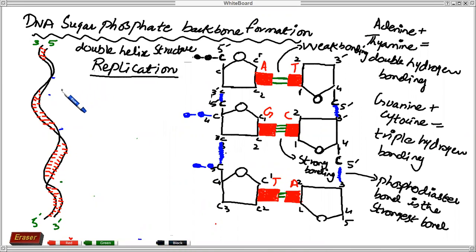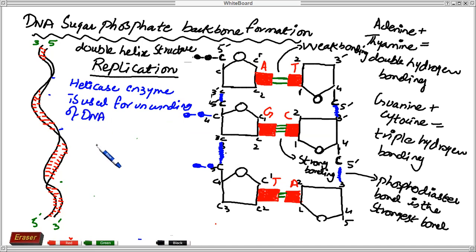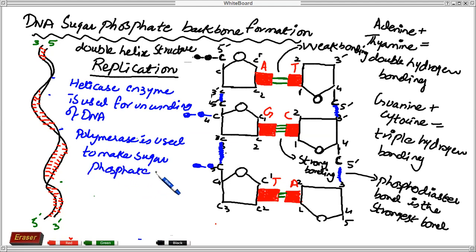For unwinding the DNA double helix structure, helicase enzyme is used, and polymerase is used to make the new sugar phosphate backbone, as well as winding of DNA.